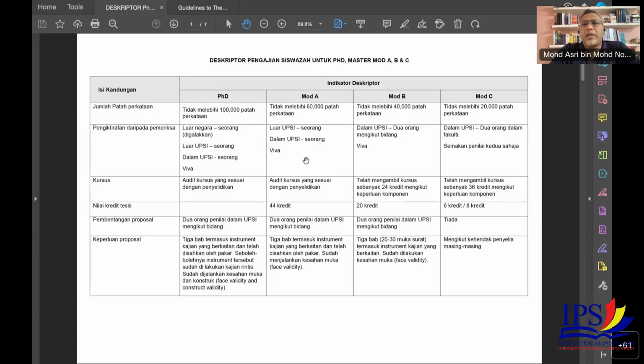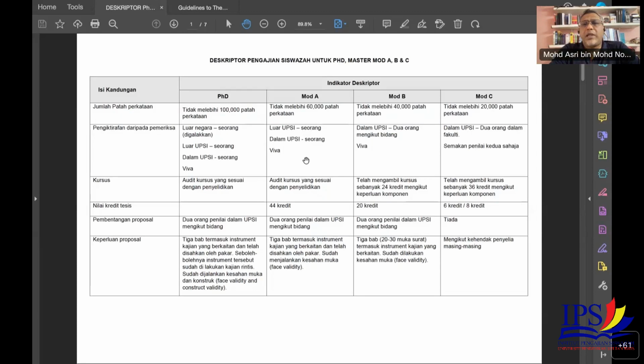So this is also something that you need to check and make sure that you are able to follow this regulation.